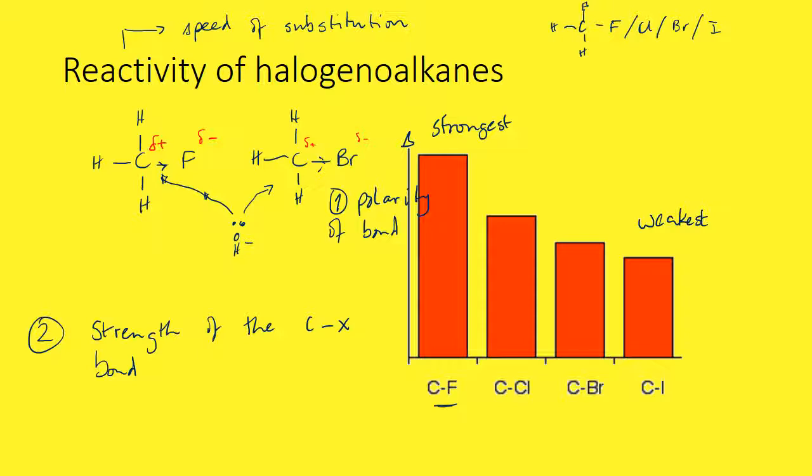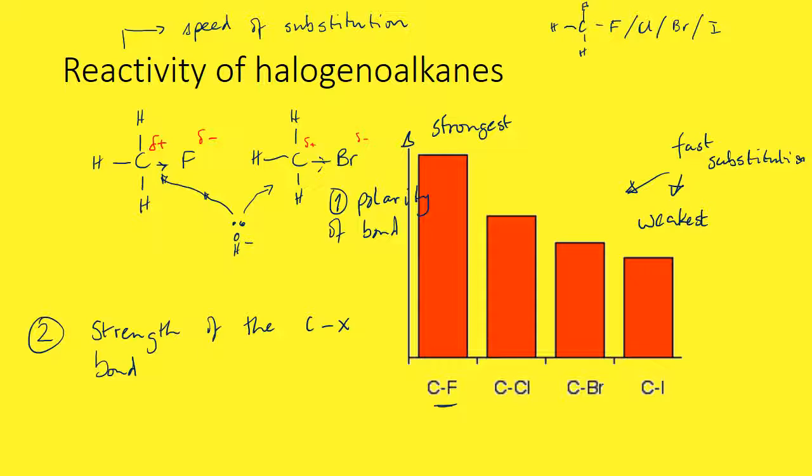The weakest bonds. So this weakest bond here and here, they are going to promote fast substitution. Fast substitution when the bond is weak, and that counteracts the polarity of the bond.